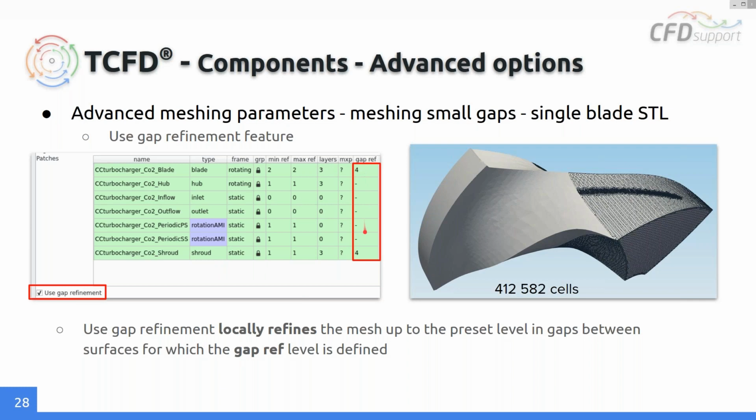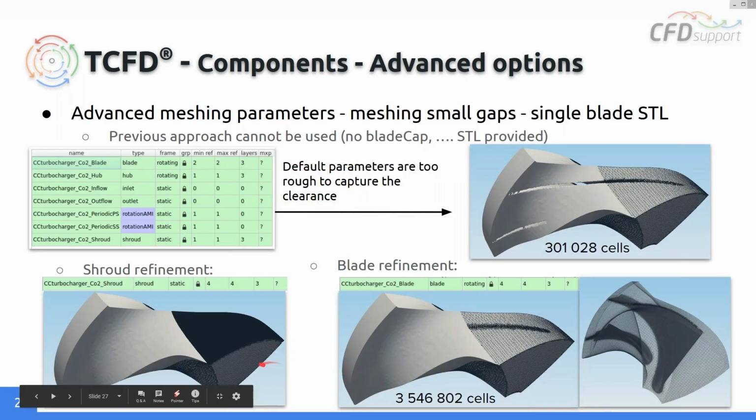We can just define these parameters, and as you can see, we also have a nice mesh, refined locally in the gap, spending just 400,000 cells compared to these millions with the standard setup.